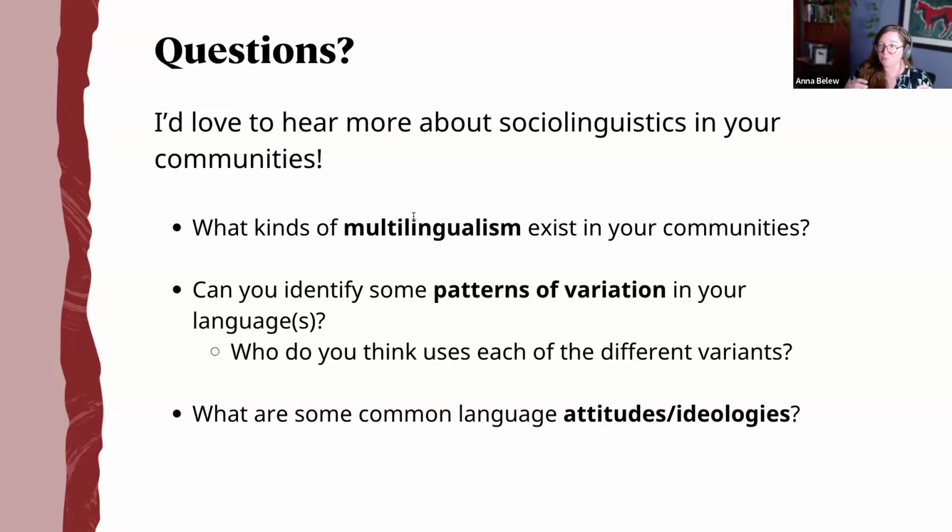If two things can't reproduce together, they're different species. And in linguistics, if two people speaking two ways can't understand each other, they're speaking different languages. Dialects, on the other hand, people can mostly understand each other, even if there are differences in how they talk, right? So that's the very broad strokes definition.